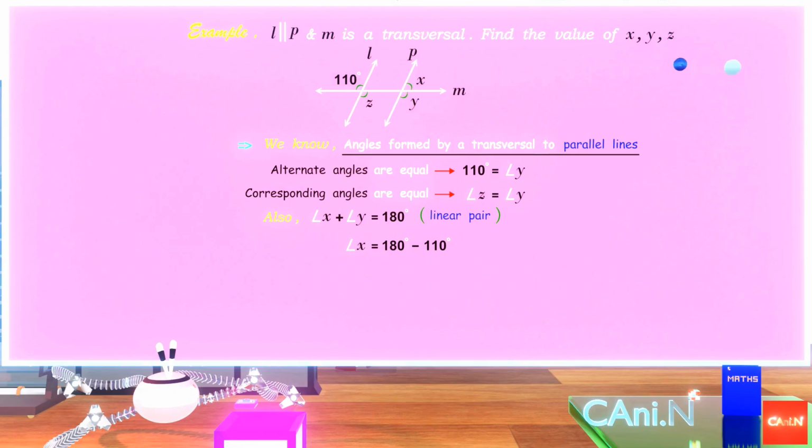So, angle X equals 180 minus 110. Therefore, angle X equals 70 degrees. Angle Y equals 110 degrees. Angle Z equals 110 degrees.